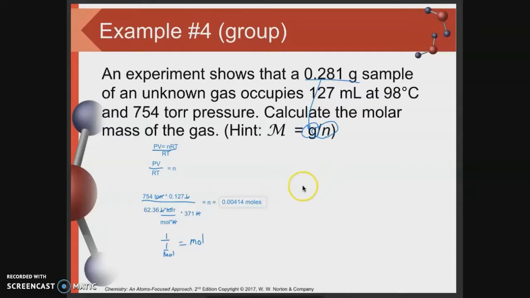The molar mass of the gas then: we have 0.281 grams of this gas. We have 0.00414 moles of this gas.